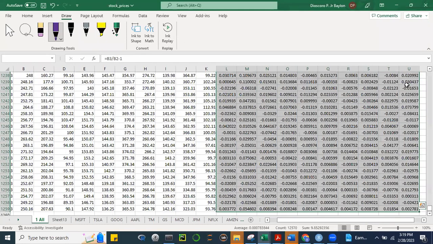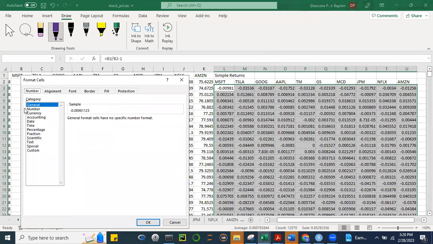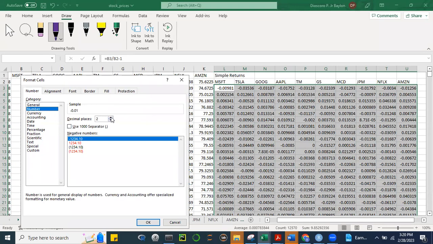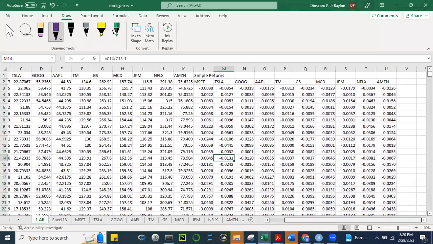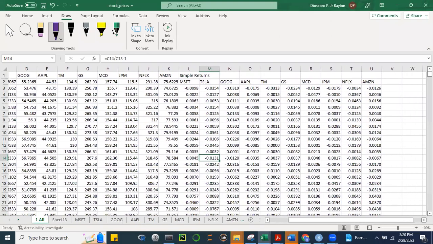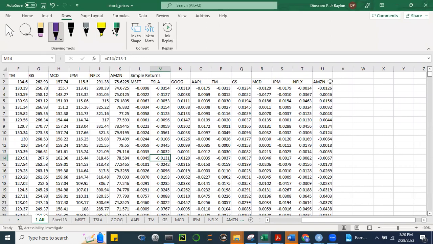Let's just Control 1. Let's just reduce this to kahit 4 decimal places na lang. Masyado mahaba. Yan, 4 decimal places. All right. Then there's another return class.